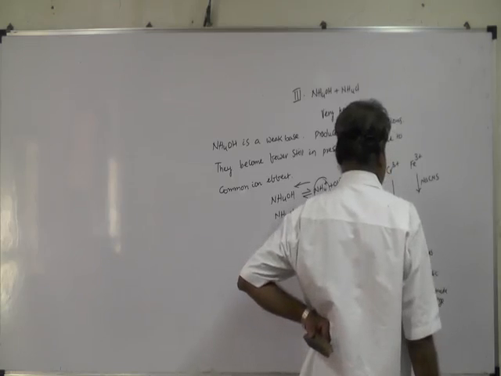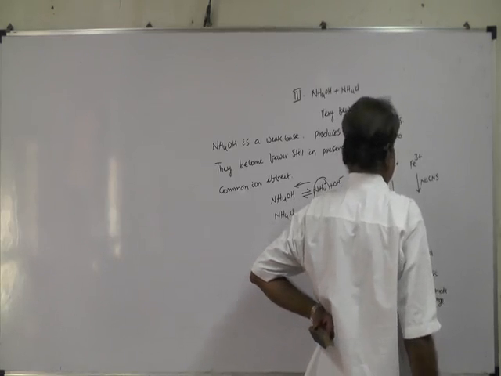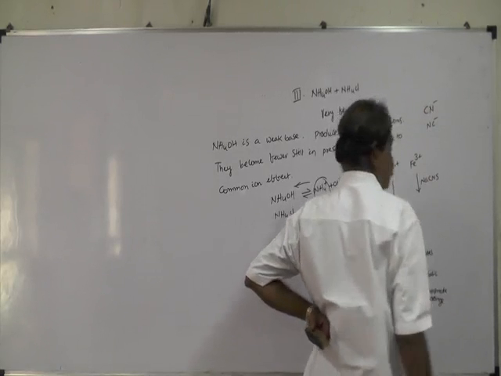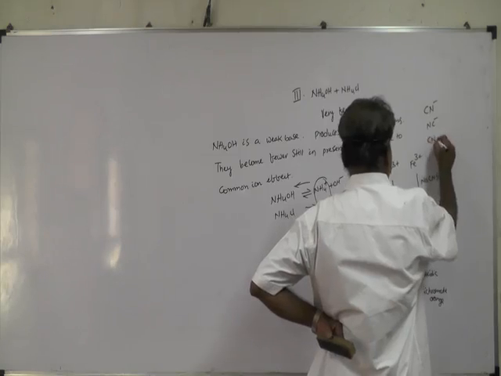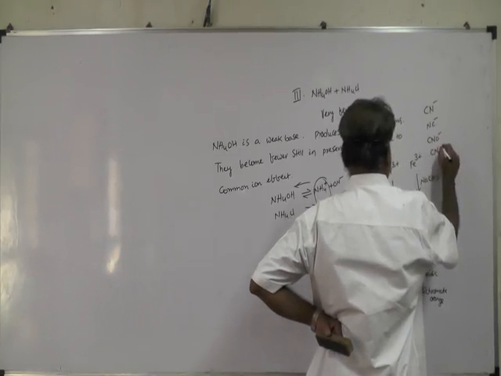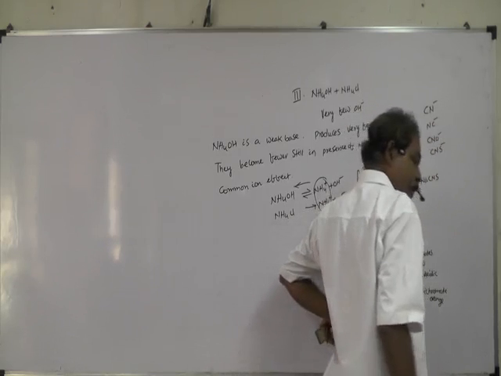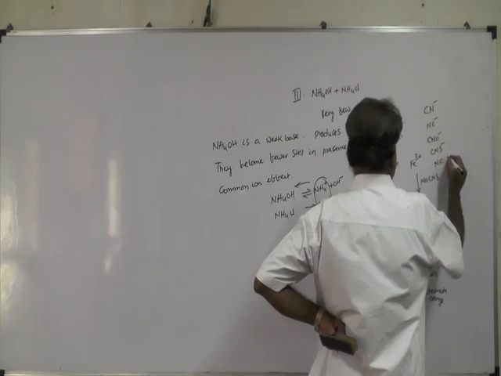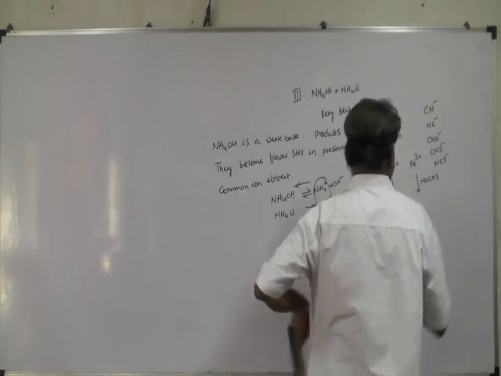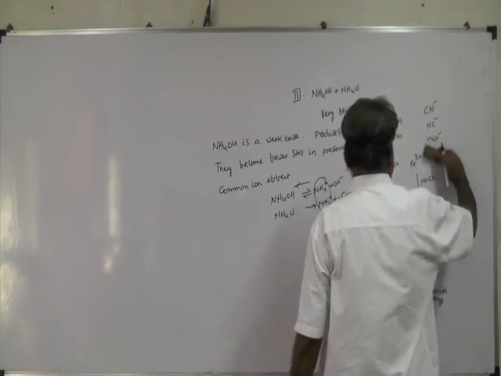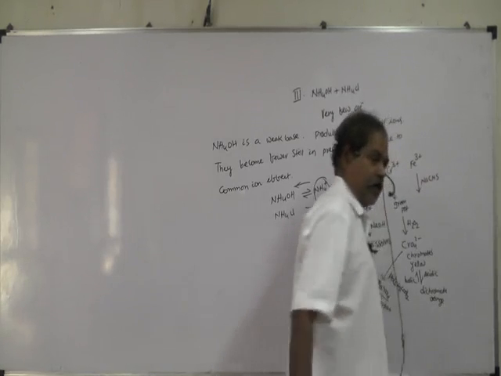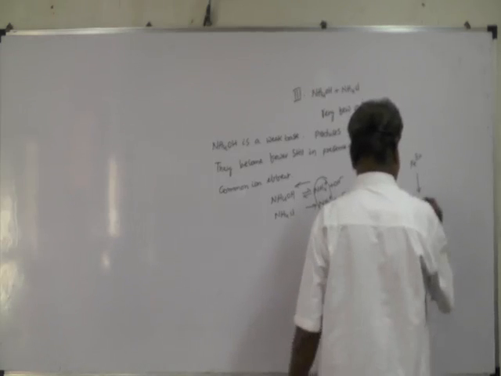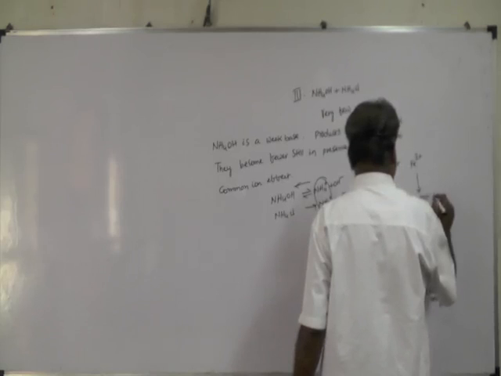thiocyanate, CNS. CN- is cyanide, NC- is isocyanide, CNO- is cyanate, CNS- is thiocyanate, and NCS- is isothiocyanate. SCN-, thiocyanate, simply thiocyanate. You get a precipitate, reddish brown.